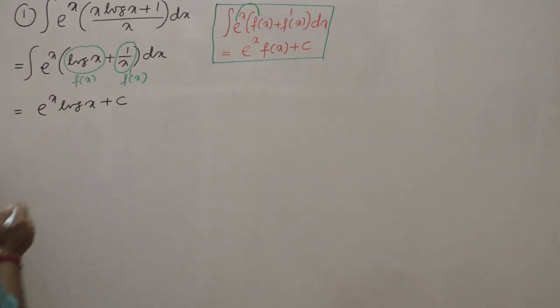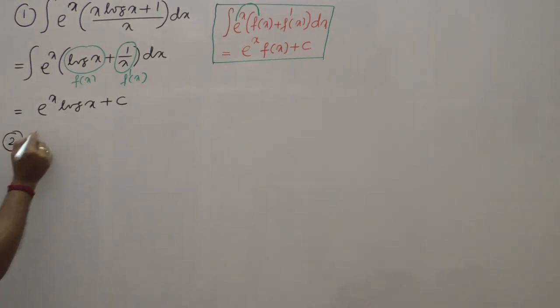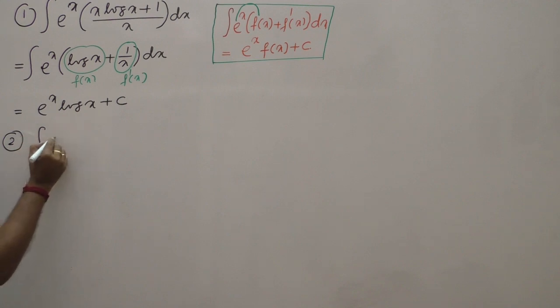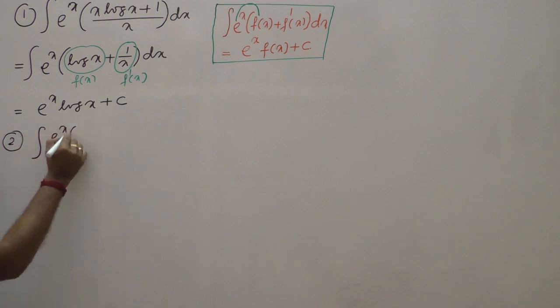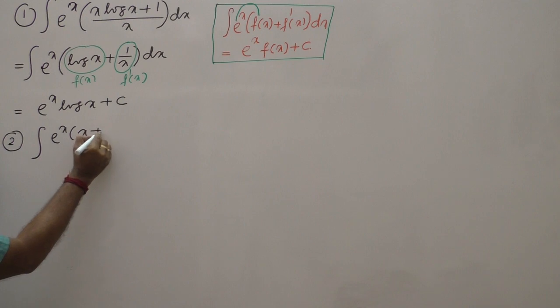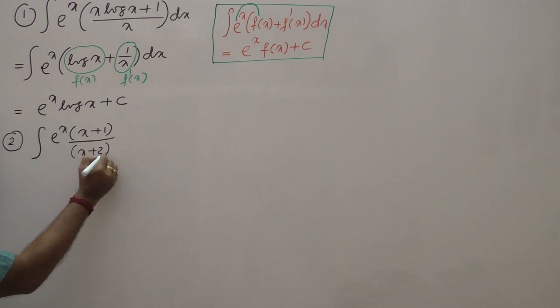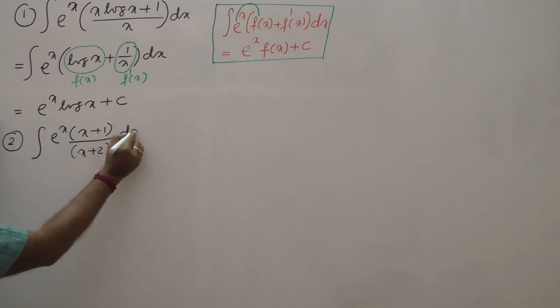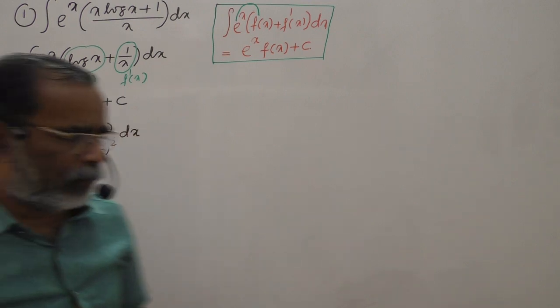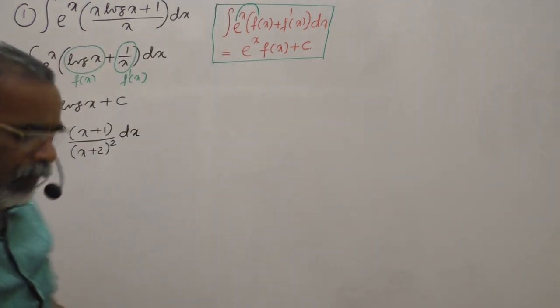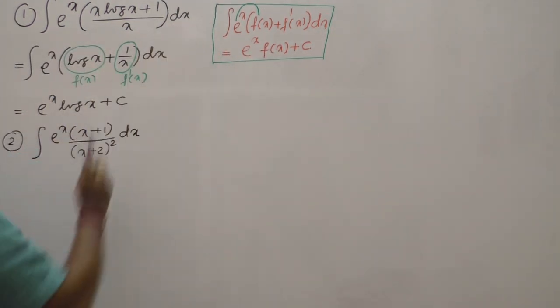Next we will see another question. Question number 2. Integral e power x into x plus 1 divided by x plus 2 whole square into dx. We will see another. So whenever e power x is there, you try this.